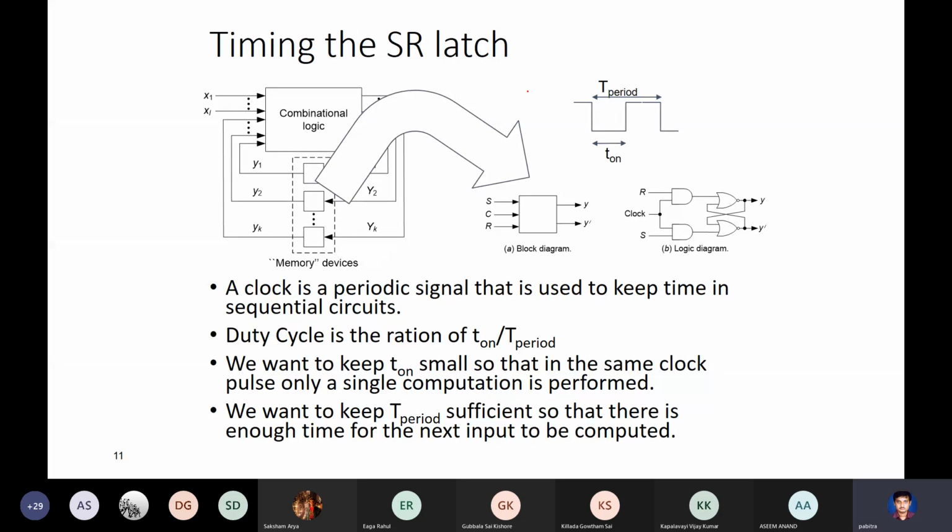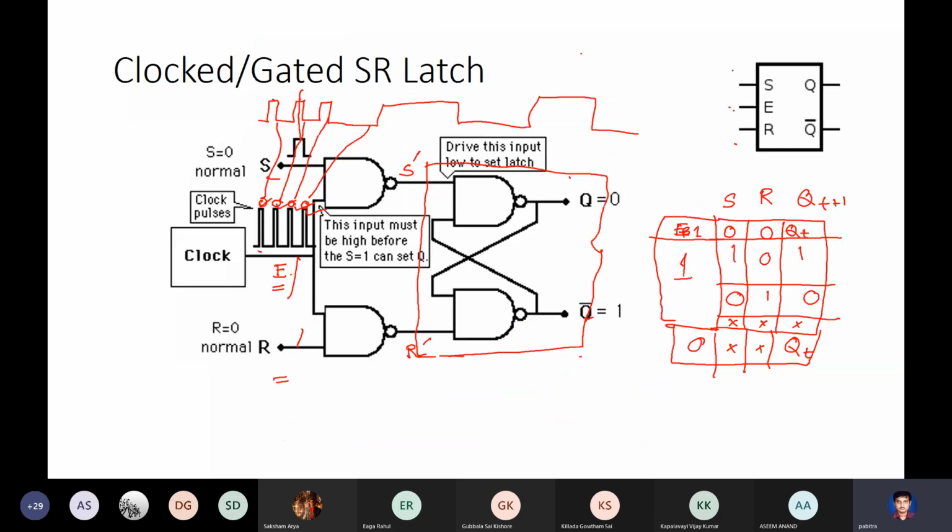So what we want is that this clock pulse should be very thin, because what we usually want is that only one single output change will happen. As long as the clock is on, it is enabled, the latches are open, the latches are activated only when the clock is on.